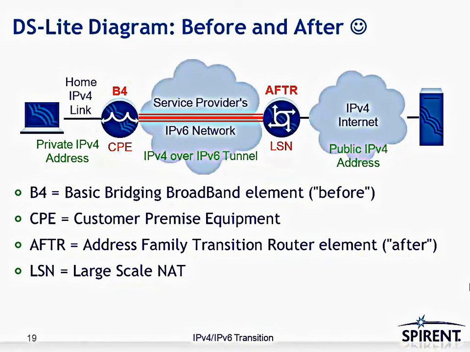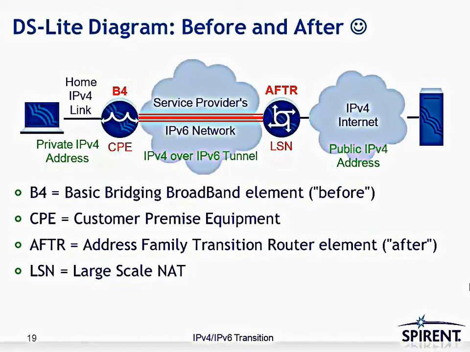So this is the DS-Lite architecture and the terms before and after. Sort of a funny way to refer to it, because before is on the home link side, so before we actually do any translations, and after is at the edge of the service provider's network, or after we've done the translations that we have described. So the before device is referred to as the basic bridging and broadband element, which is essentially the customer's CPE.